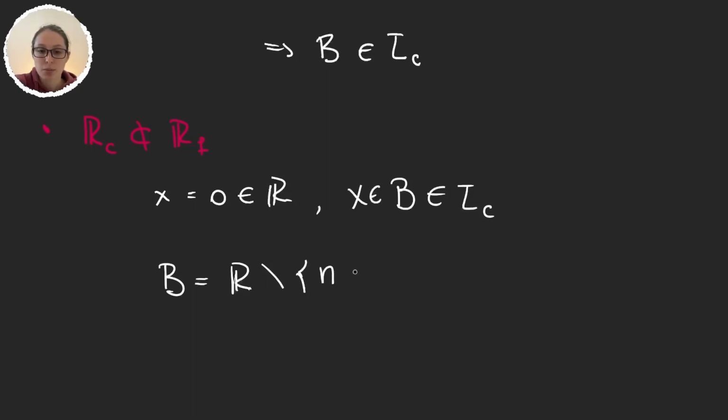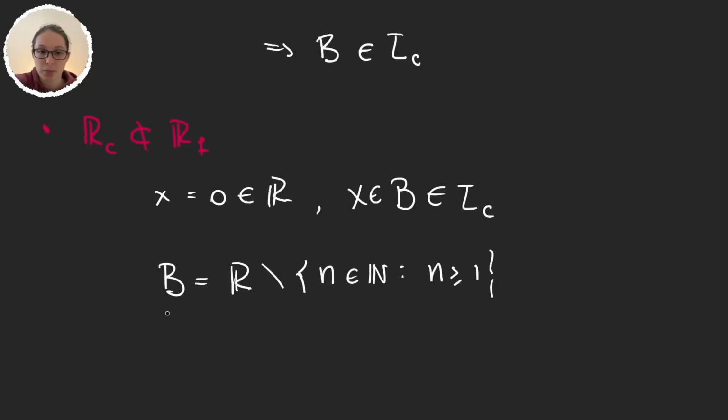I can take, for example, the natural numbers greater than or equal to 1, and we will now use the contrapositive. That is why I'm taking particular cases. I'm taking a particular x and a particular neighborhood of x, and I will see that there is no element in the finite complement topology that is contained in B and that contains x.